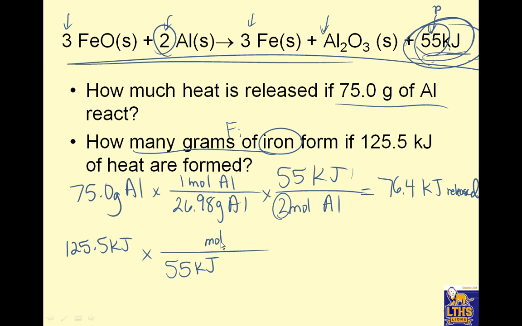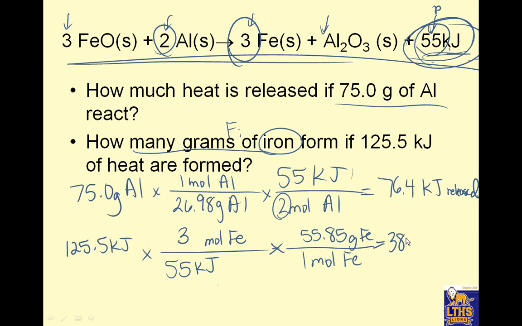My heat is like a coefficient, so it's kind of like moles. But I find out that there's 3 moles of Fe for every 55 kilojoules. But I want grams, so I'm going to say moles are number 1, and the periodic table is going to get the grams. So I find out 382.3 grams of iron.